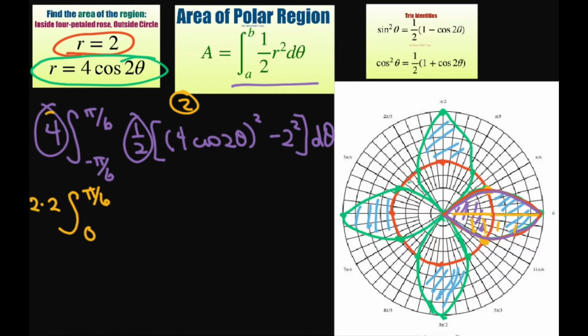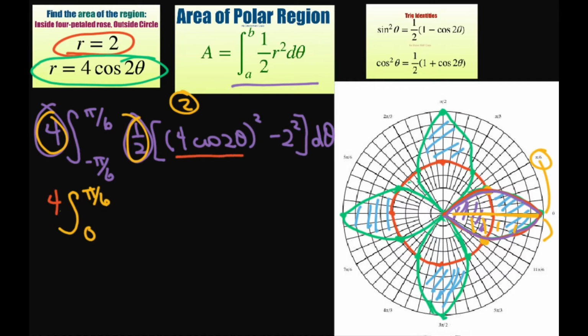So again, this was 2, and now I'm only going to do this part of the integral to make it easier. So I'm only going to go from 0 to pi divided by 6 and then multiply it by 2. So technically, we're multiplying it by 8. All right, so that's going to give us 4 here. So we have 4. Now let's simplify all this.